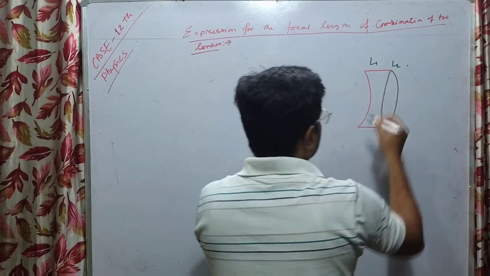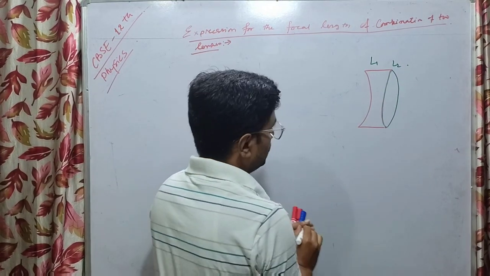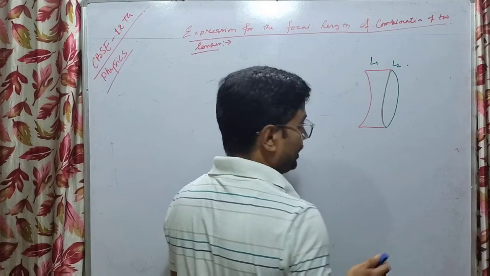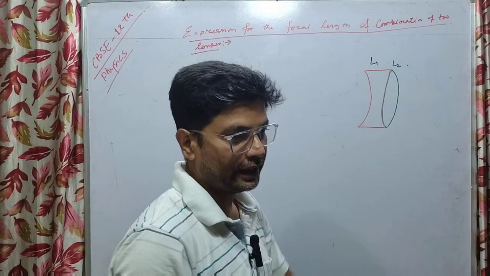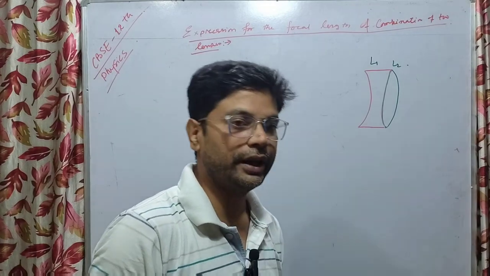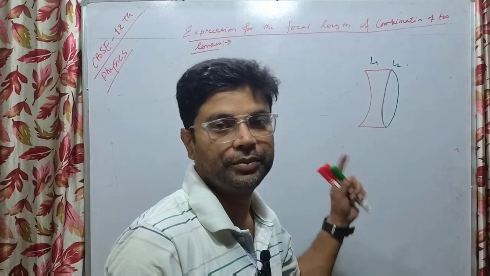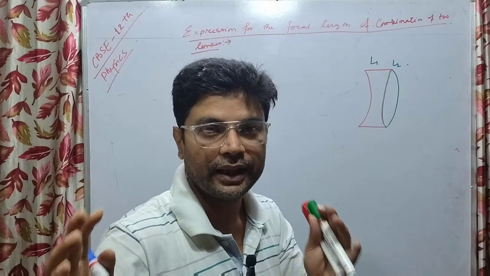Lens 1 and lens 2 having different focal lengths. F1 and F2 are the focal lengths of these two lenses, L1 and L2.